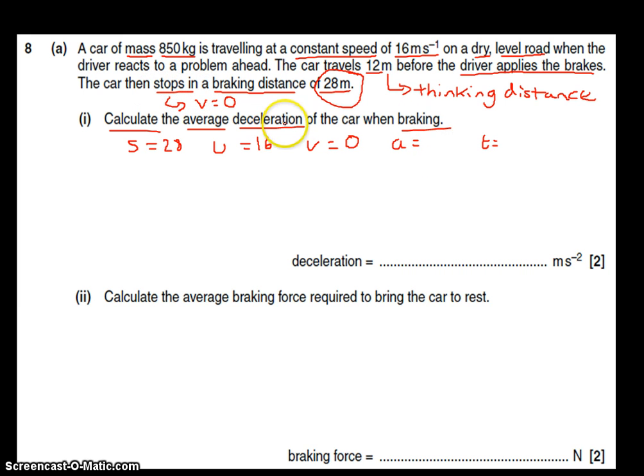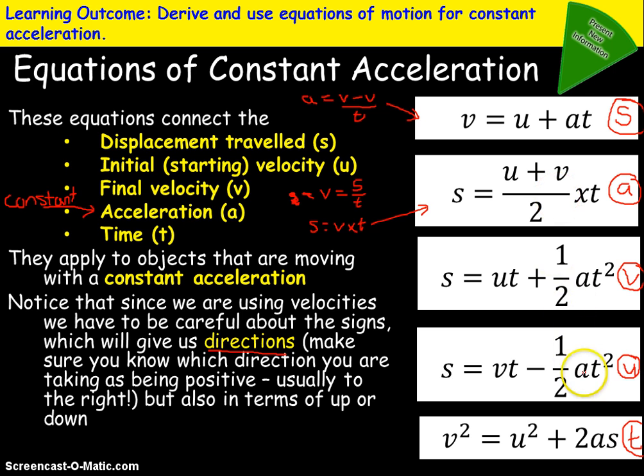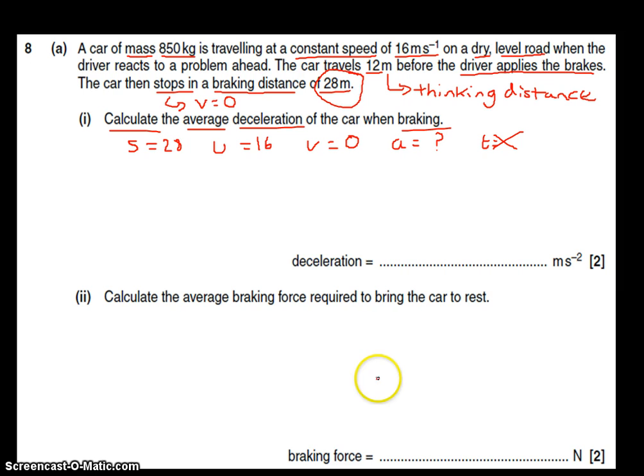The question is asking us to calculate the deceleration, so we need to work that out, and we don't have the time. Now the reason it's important to put this bit as well is that it tells me which of my SUVAT equations I'm going to use. So if I just go back for a second, I look for the one that doesn't have time, which is this equation here. So I then write that equation. So v squared is equal to u squared plus 2as.